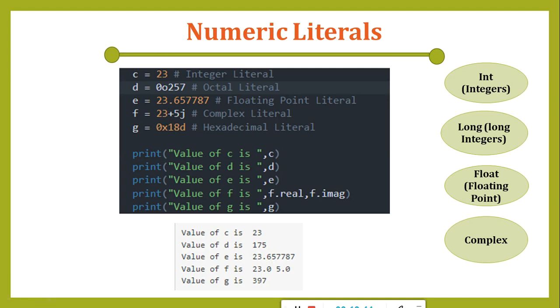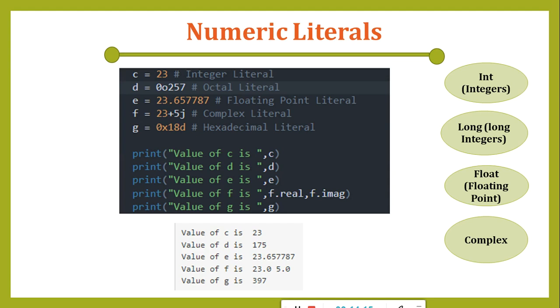Then we have a complex literal, and if we want to represent its values as f.real and f.imag, it means we want to access the real part and the imaginary part separately. You can see that 23 is represented as 23.0, in the form of a float, and 5j is the imaginary part, so if we access the imaginary part of the f variable, 5.0 is printed, again a floating point value.